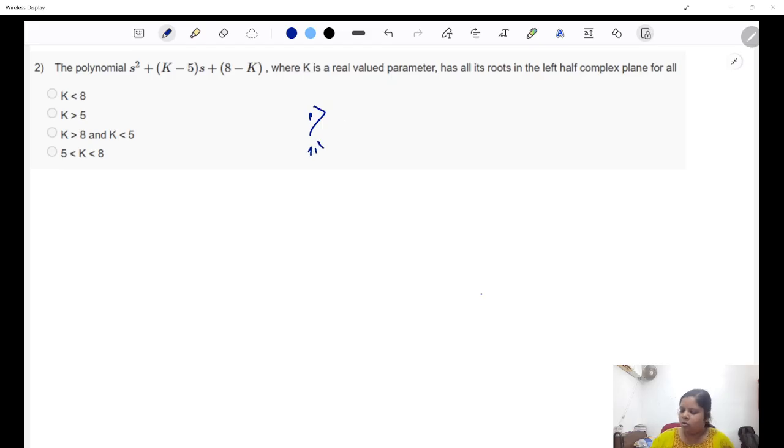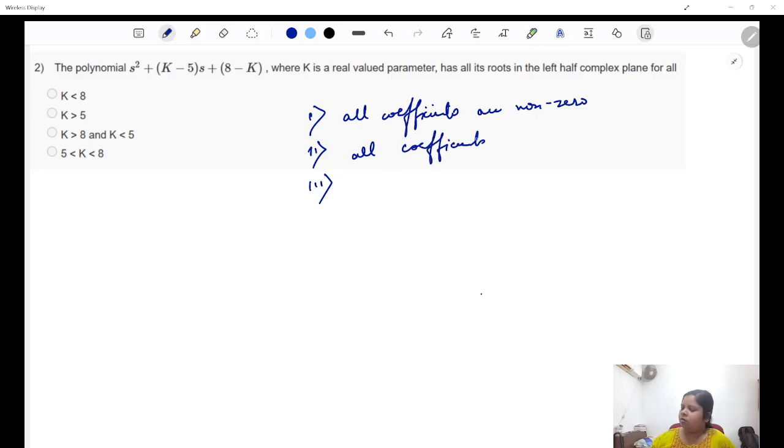Okay. So all of you have appeared for JEE Advanced, right? So I'll give questions accordingly. All coefficients are non-zero. All coefficients are of the same sign.